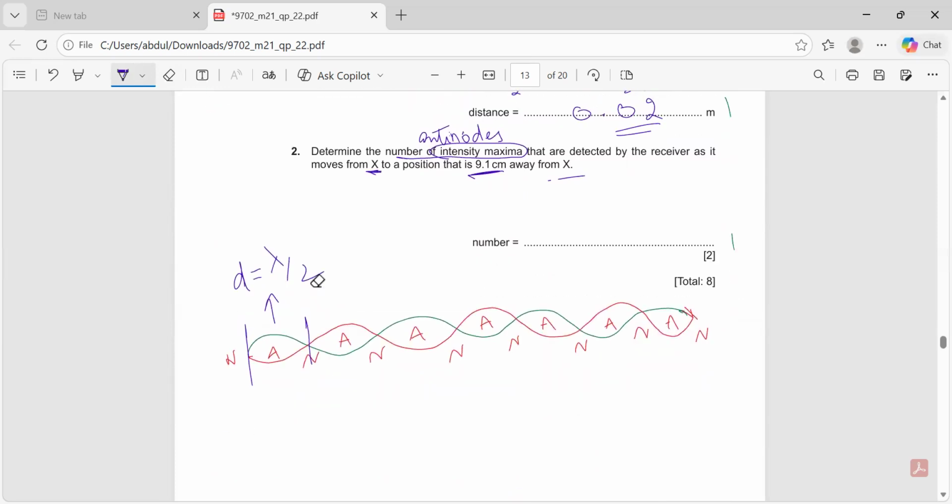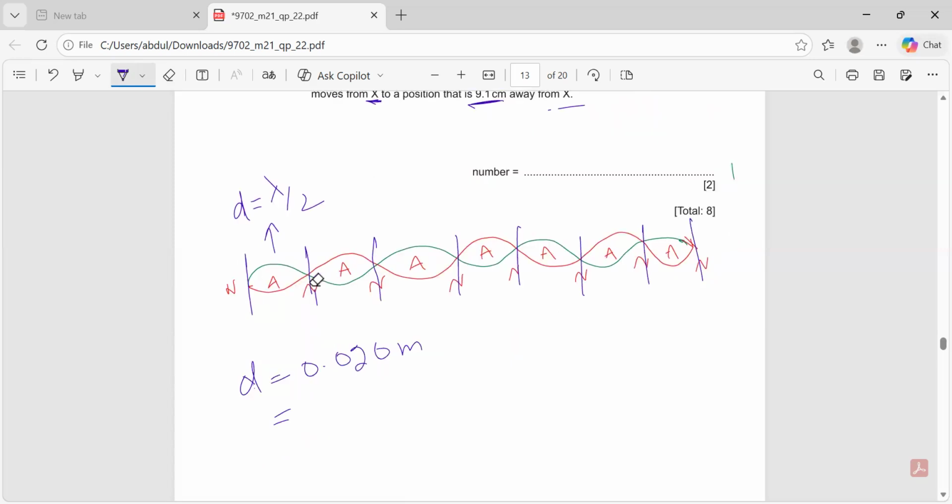So the distance, okay, let me make it this way. 1, 2, 3, 4, 5, this way. See, from here till here, this one distance is 0.020 meters. You know, this is 9.1 centimeter.